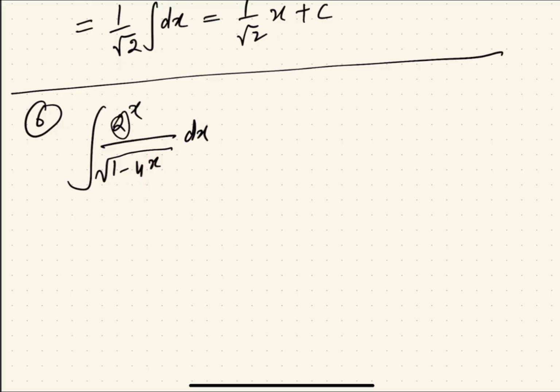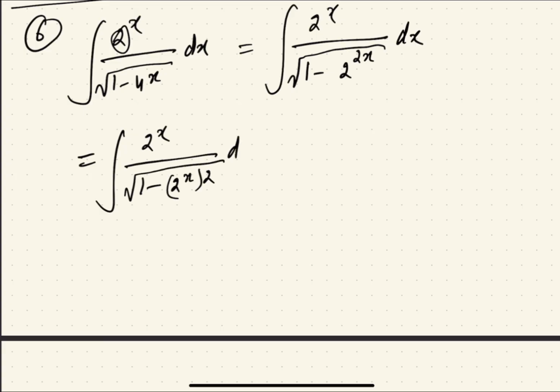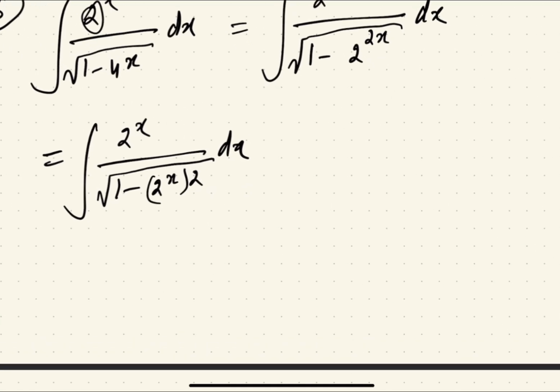This will be equal to 2 power x over the square root of 1 minus 2 power 2x. Now you can write this as 2 power x over the square root of 1 minus (2 power x) square, dx. Now I want to remove the square root using trigonometric substitution.